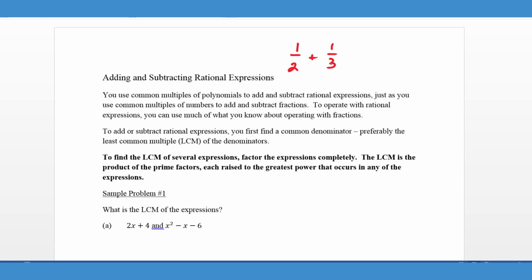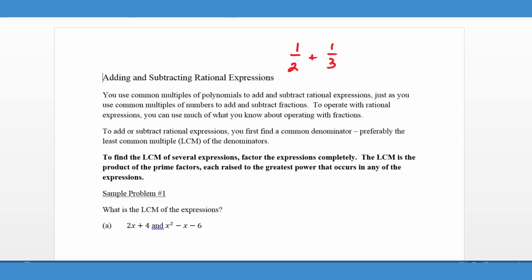If I want to add these two fractions that have a different denominator, we need to get the least common denominator, or the least common multiple for the denominator. So you've heard it probably called an LCM and sometimes an LCD, so either one of them is fine. Now, what you want to do here is find the least value that they have in common.